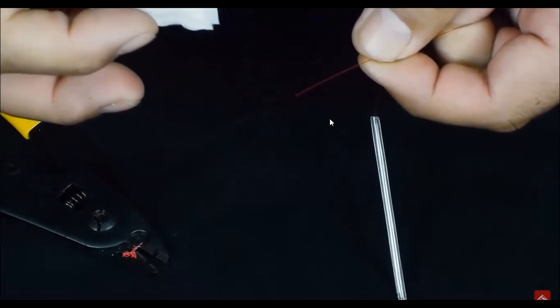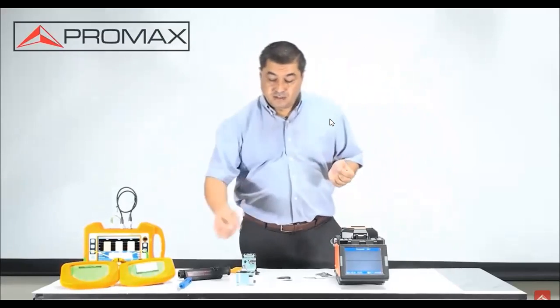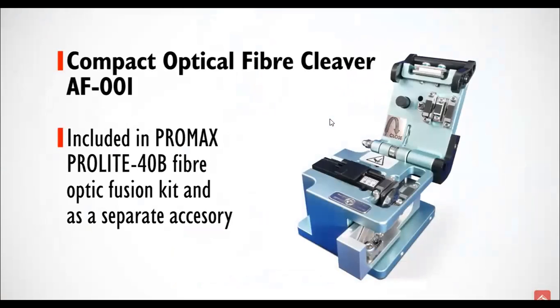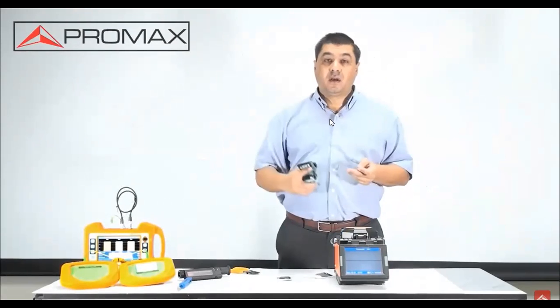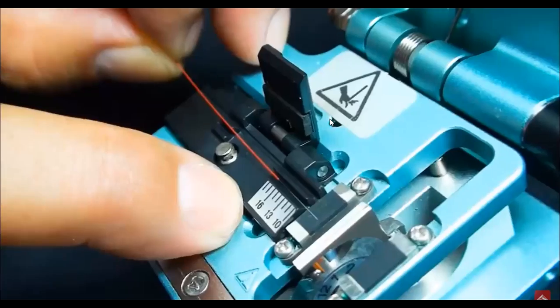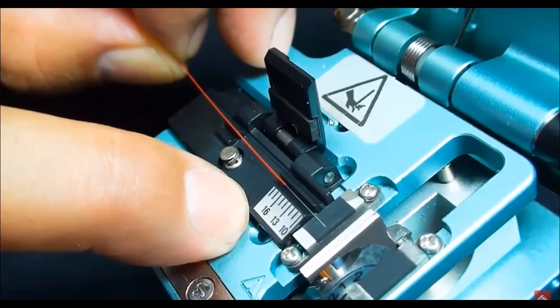The next step is to use a device to cut the fiber. We will use a fiber optical cutter, which has a blade to cut the fiber at an angle of 90 degrees. We cut the fiber to 17 millimeters.